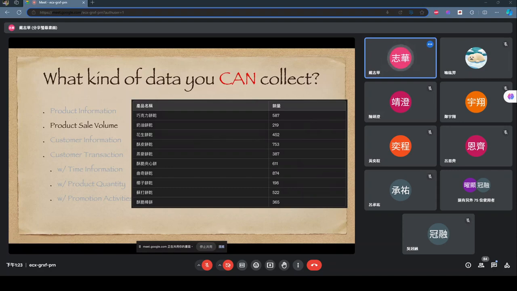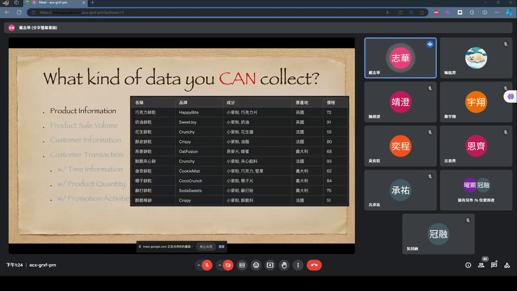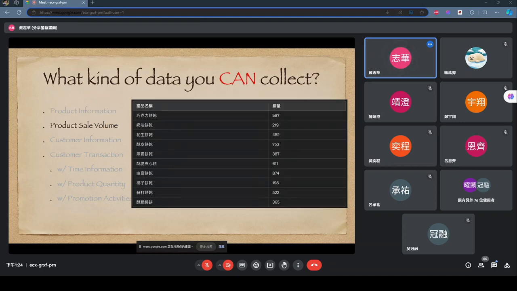And this kind of information usually reflects the market preference, the customer preference in the market. So it's different from product information.